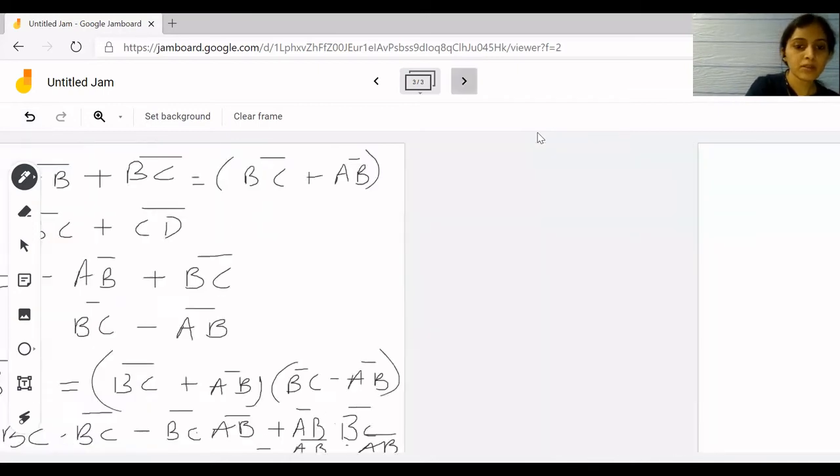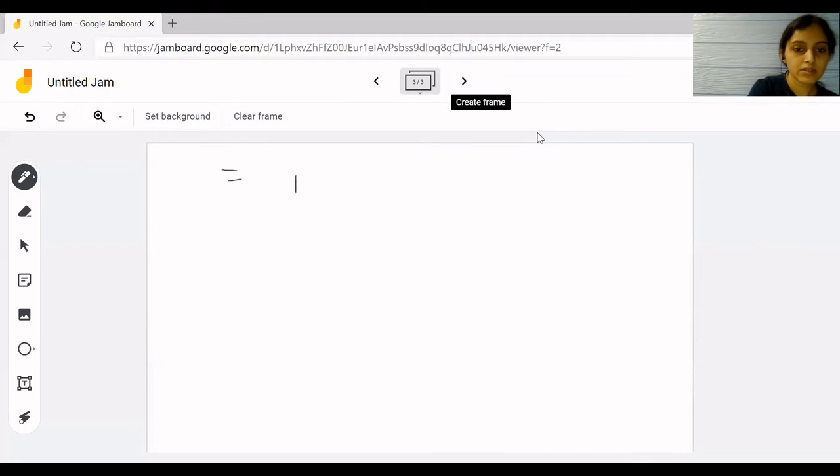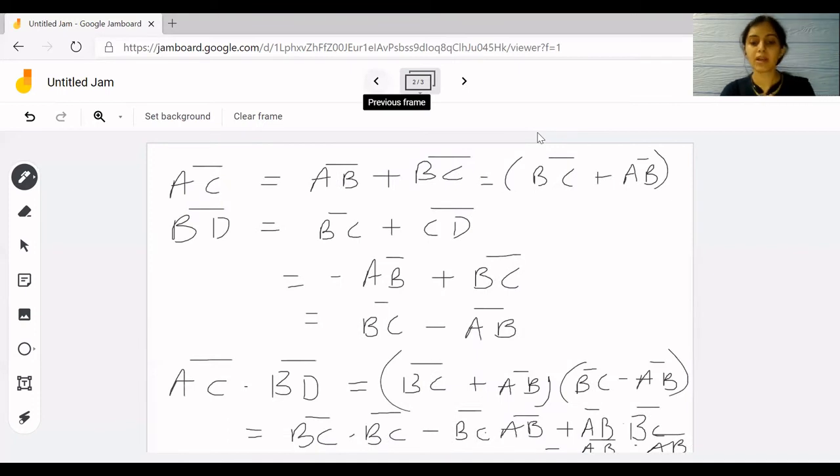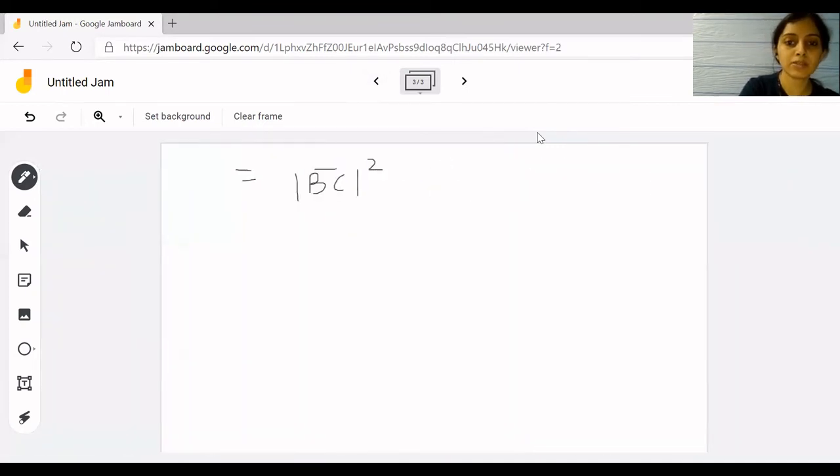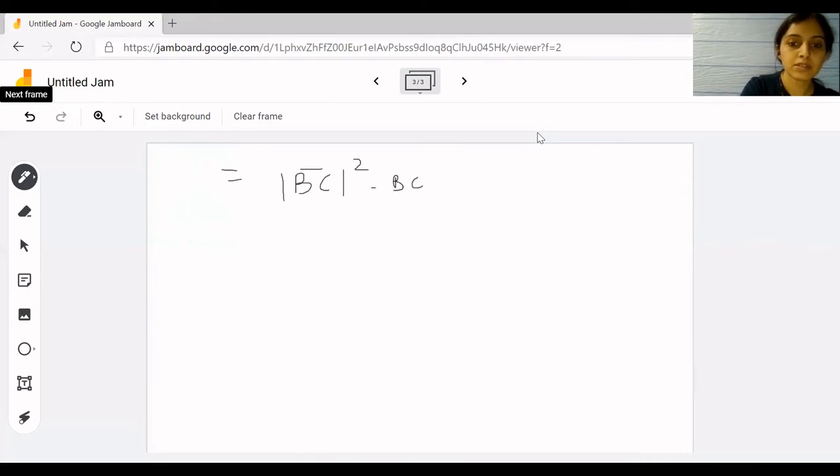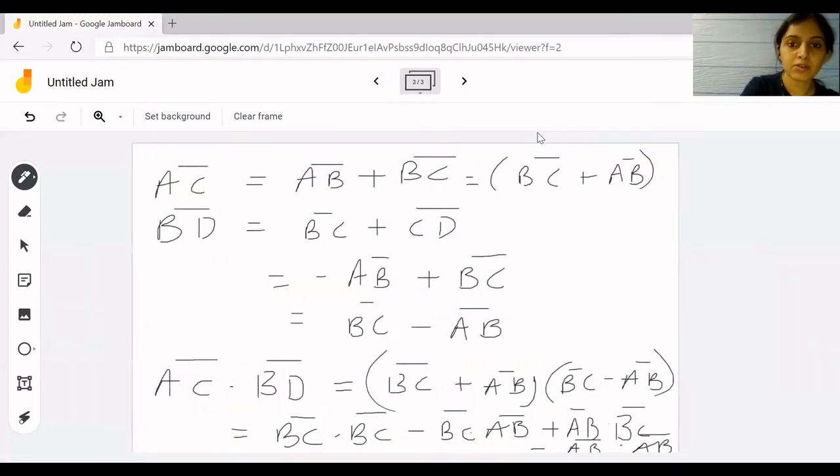Now this can be written as BC square, where for the same vector the dot product is the magnitude squared. Now minus BC dot AB plus AB dot BC.